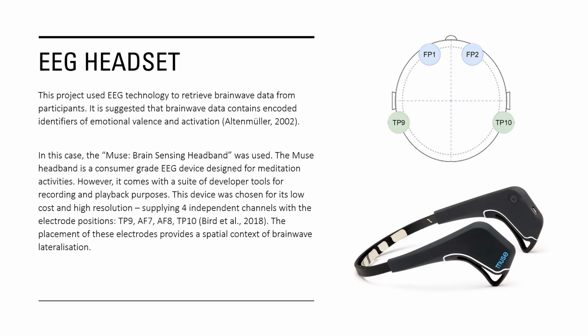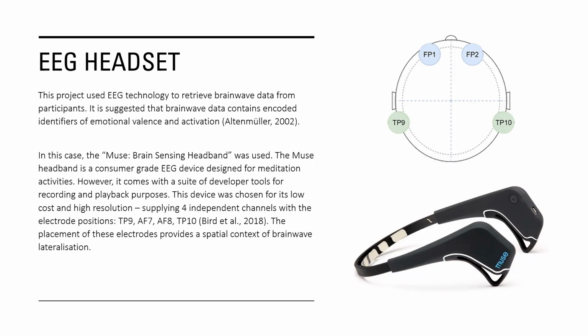It comes with 4 independent channels, with electrodes in the positions TP9, AF7, AF8, and TP10. The placement of these electrodes is really good because it gives you a kind of complete spatial signature of the participant's brainwaves, rather than being on one side or front or back, or one hemisphere.